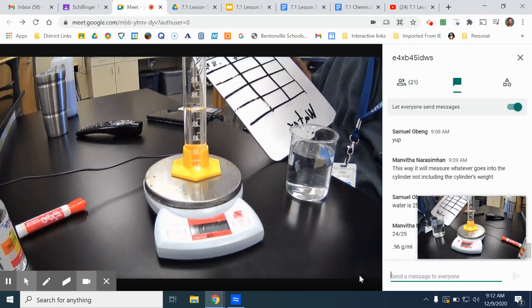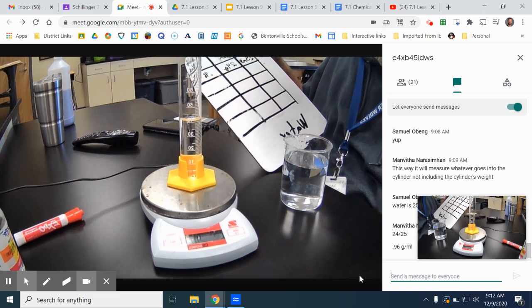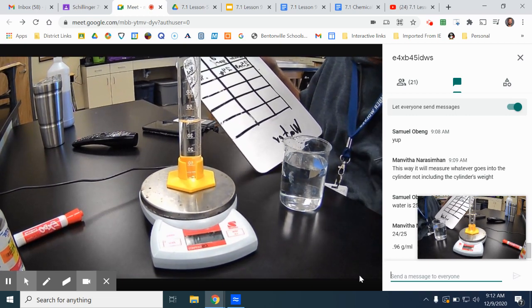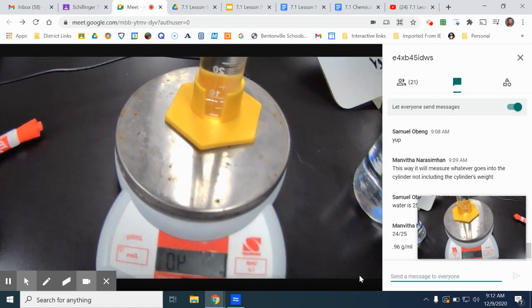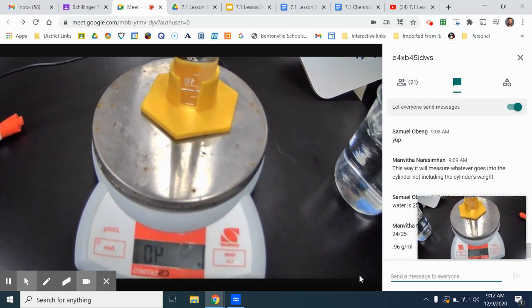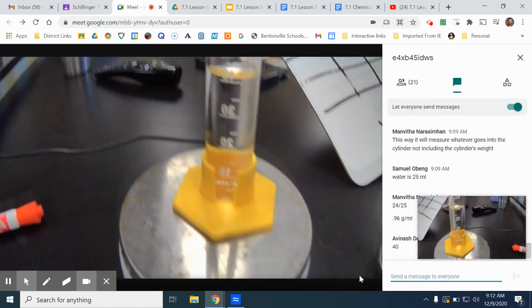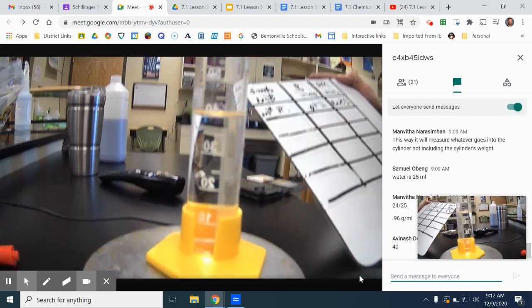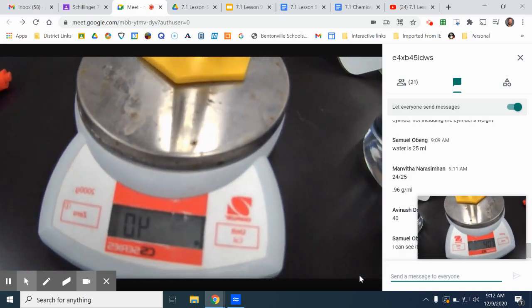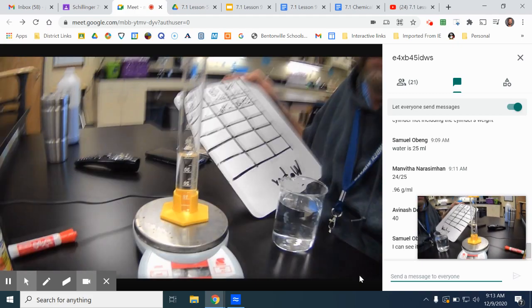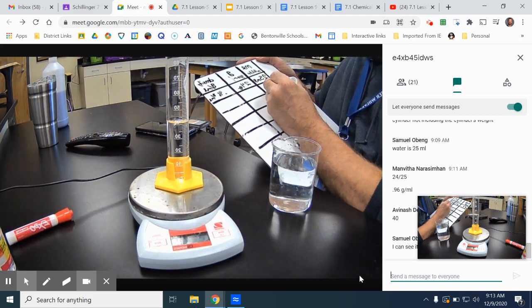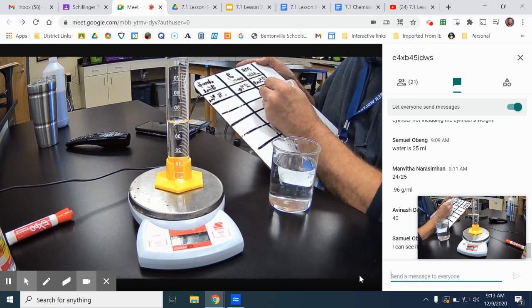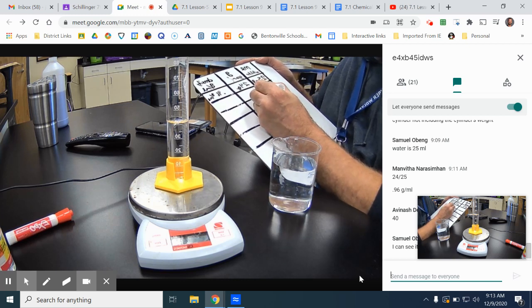And my mass is at, can you see the scale, or is there light on it? Yeah, there's a little bit of refracting light. Does it say 91? No, it is 40 milliliters and 40 grams. So you'll write down 40 milliliters and 40 grams.